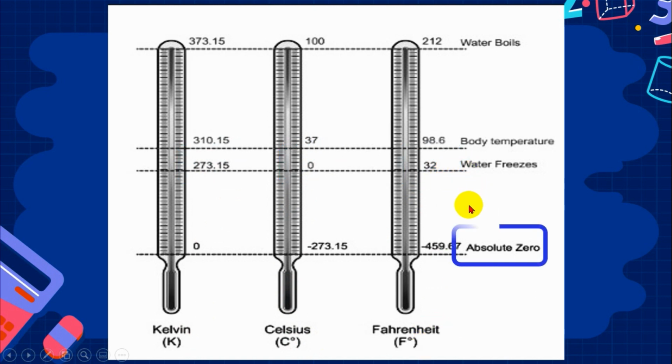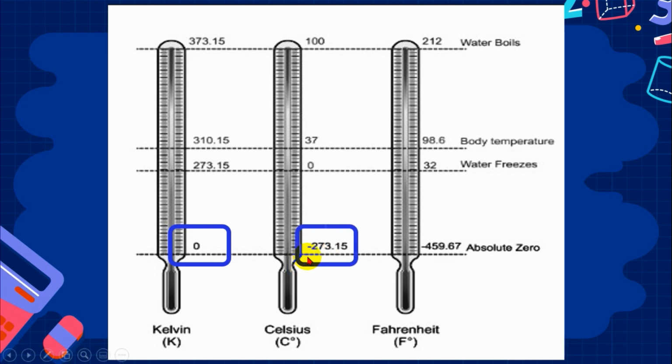Now, when we talk about absolute value, so as in absolute value, as in no temperature at all, sa Kelvin, it's really 0 na talaga, as in no temperature na. Sa Celsius, it still has a number, kumbaga may measure pa, pero it's negative 273.15.